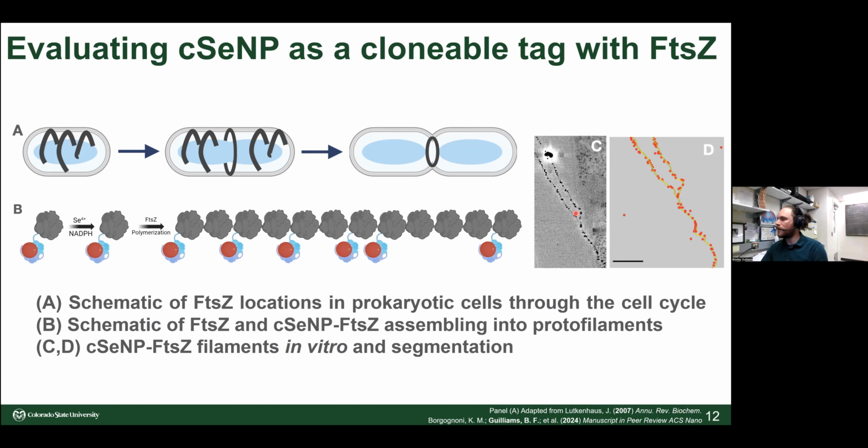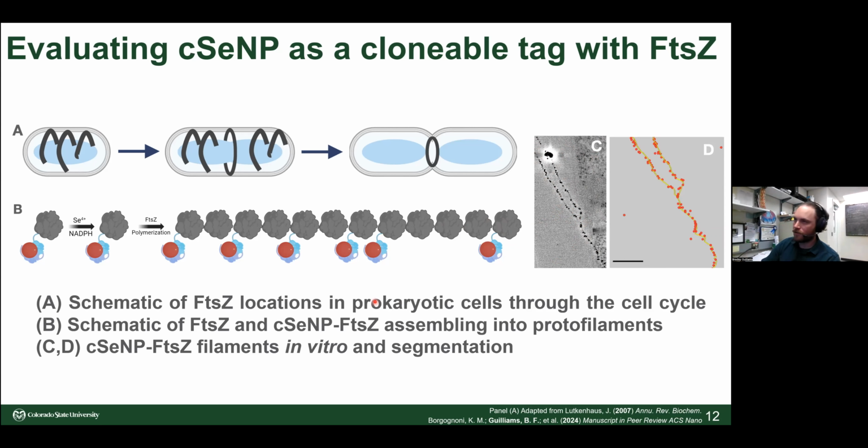Shown here on the right two panels, C and D, are examples where cells had actually burst and these FTSE filaments came out, and they're dotted with selenium nanoparticles. On the right is just a segmented version of this here.